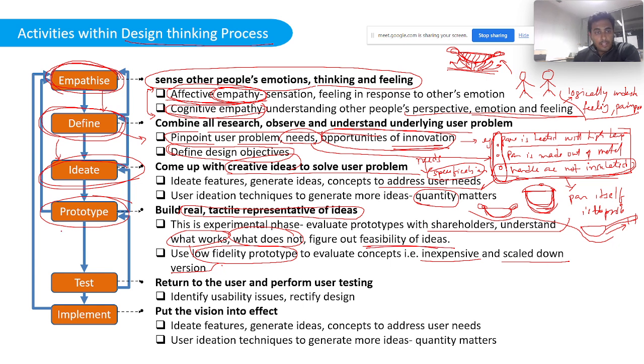Okay, so after these two phases, basically this is the first phase, this is the second phase. The last phase is, we have two activities in that particular phase. One is testing. So testing basically means, now once you have come up with a final concept, you try to make a high fidelity prototype, and then do user testing.